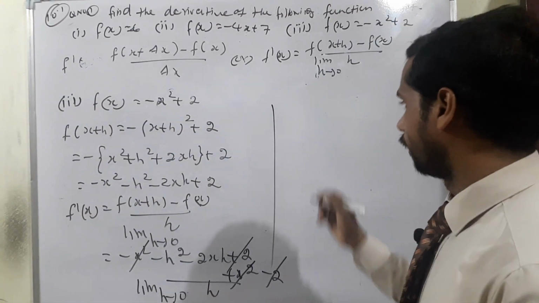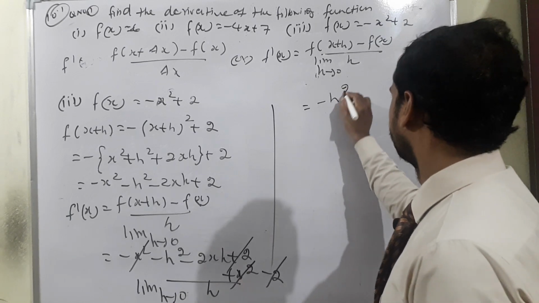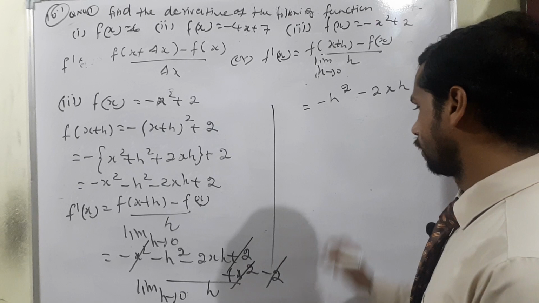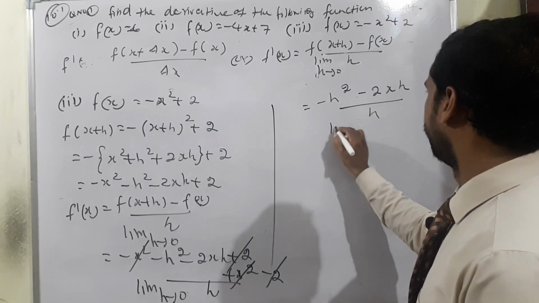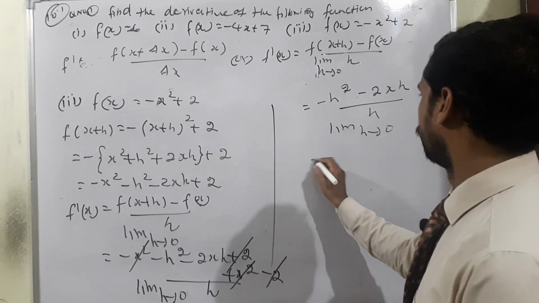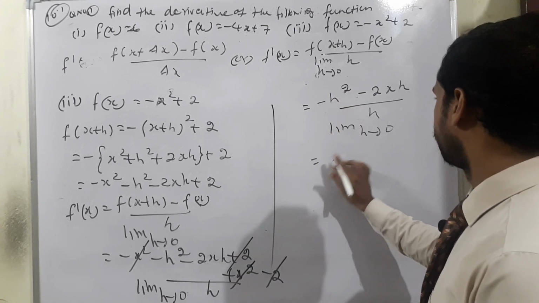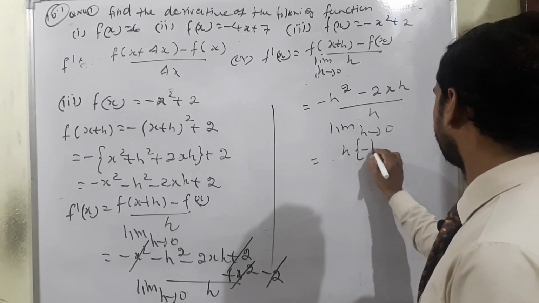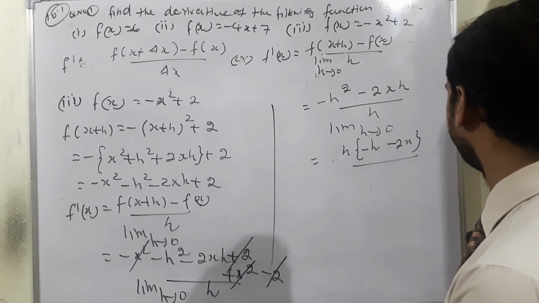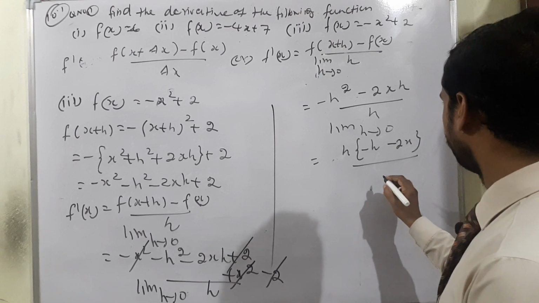Now, after the cancellation, the balance is minus h square minus 2xh divided by h, where the limit h tends to 0. In the numerator, take h common outside, so inside is minus h minus 2x, the whole term divided by h.